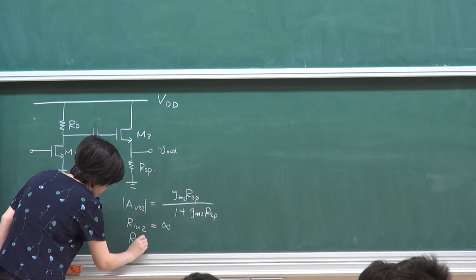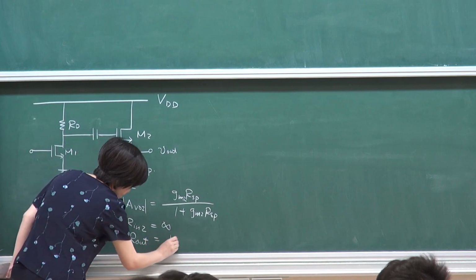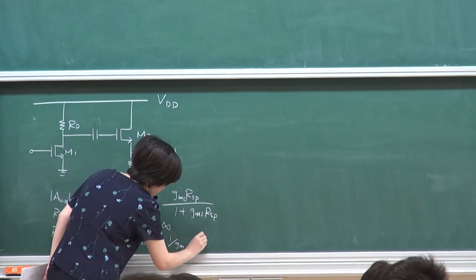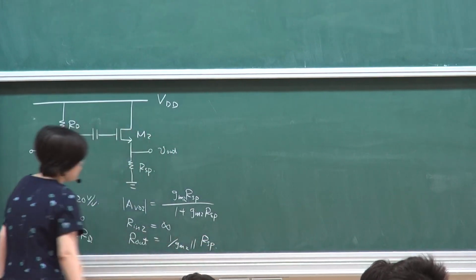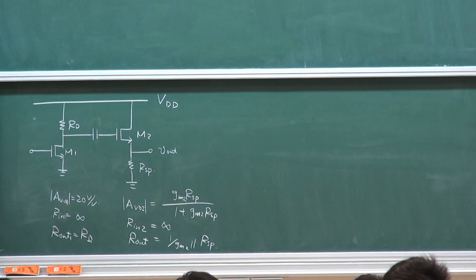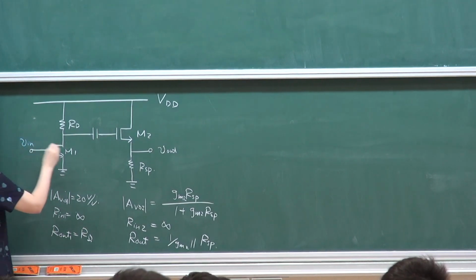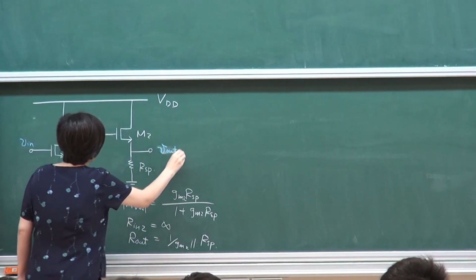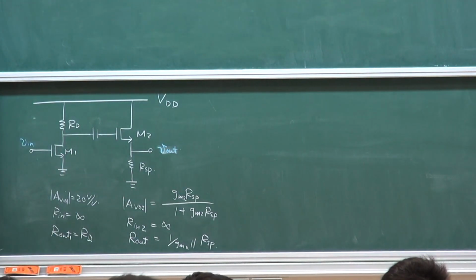My Rout will be 1 over GM2 in parallel with RSP. So in order to get your overall input and output, you can draw the two-port model simply by using this.